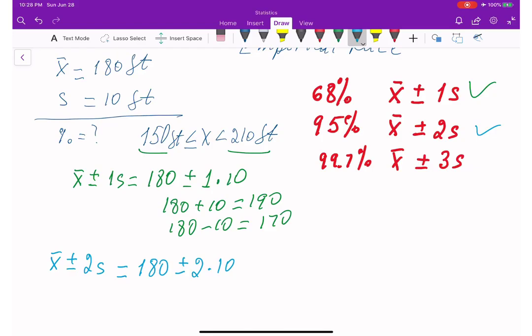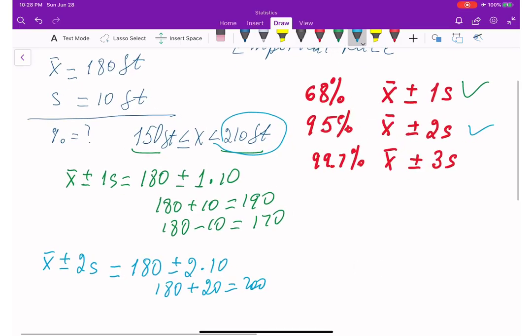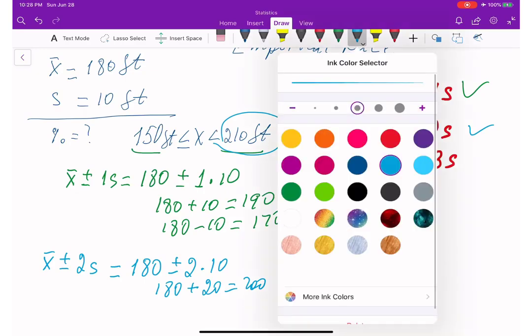So 180 plus 2 times 10 is 20, it's going to be 200. Looking at it, it doesn't match my upper limit, so I don't even need to continue with minus 20, right?